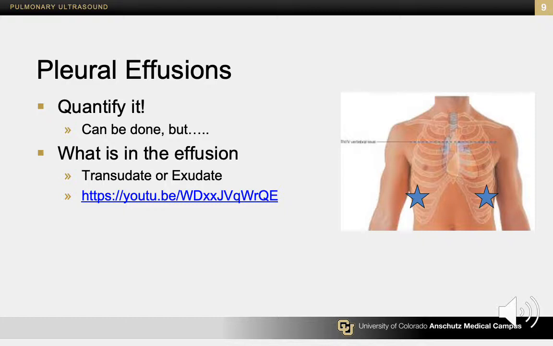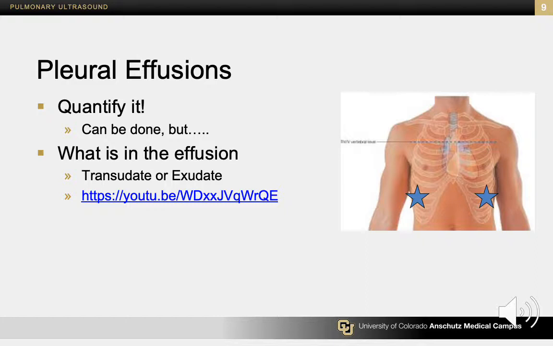Versus exudative, which typically leans toward a higher solute content, things that are infected, like empyema, those sorts of things.